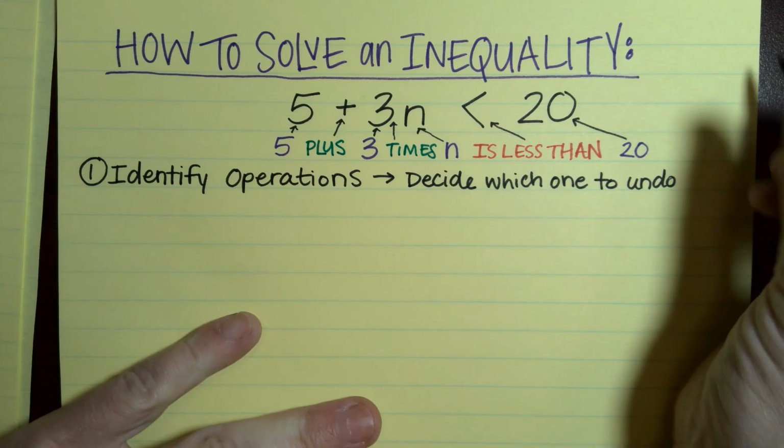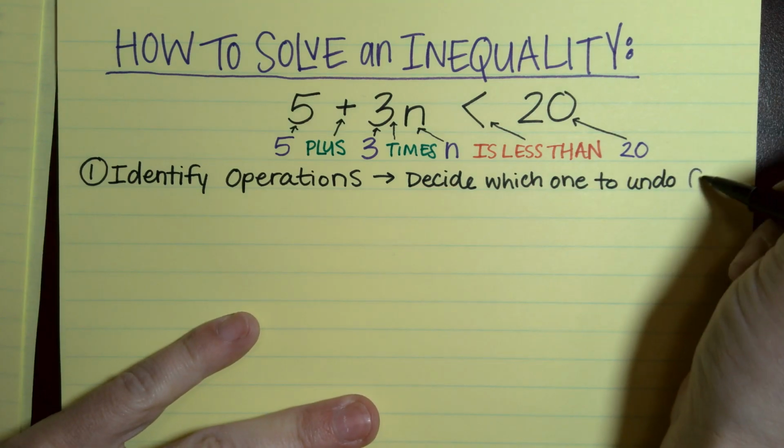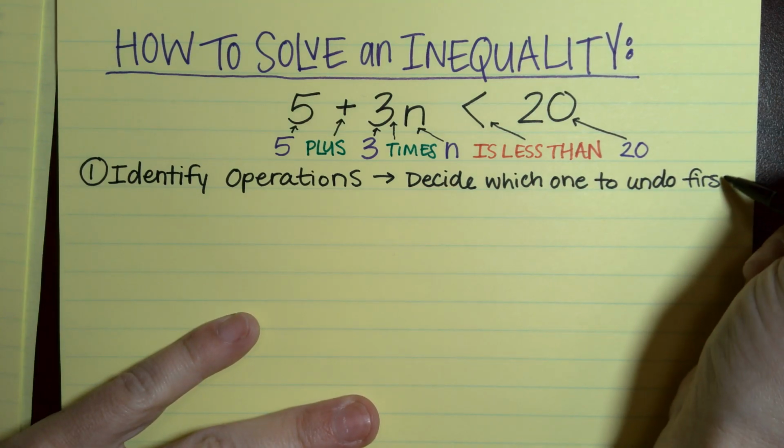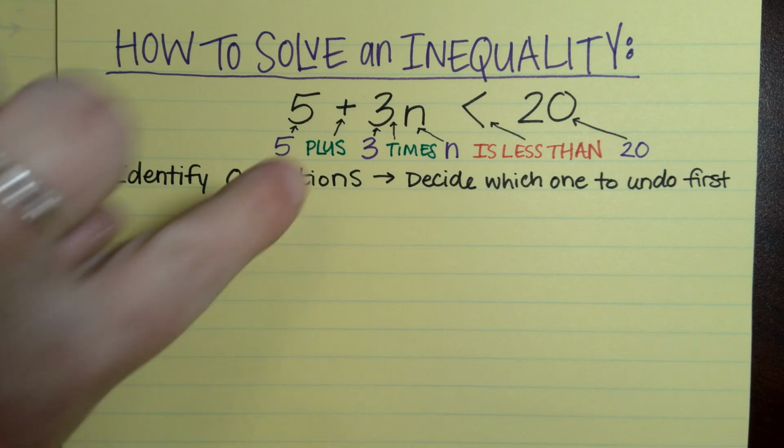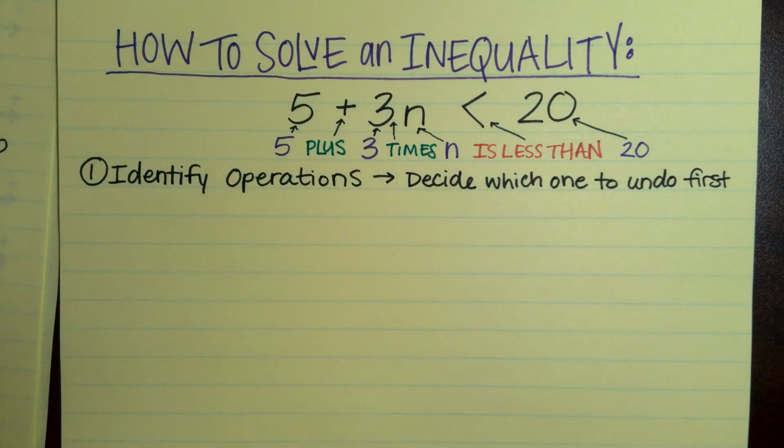Because when we're solving for a variable, I always say undo because we're working backwards. It's like instead of doing a problem, we're kind of undoing it. We're working backwards to figure out what n could be.